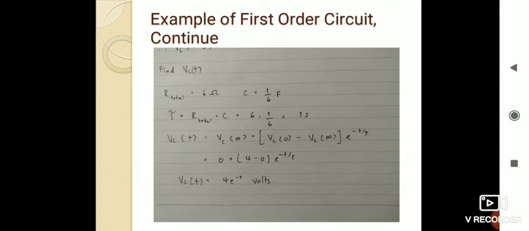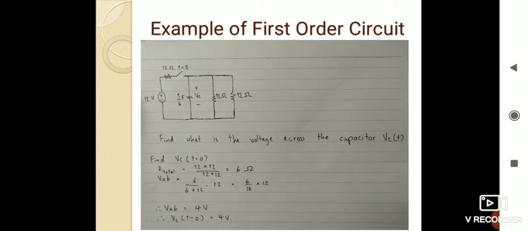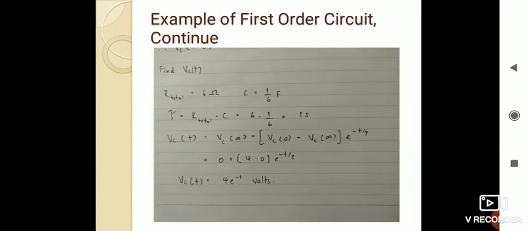So we get 0 plus 4 minus 0. In this case, 4 is VC(0) that we got just now, 4 volts. So it's 4 minus 0 times e to the power of minus t over tau, and tau is 1 that we got just now. After summing up and multiplying everything, we will get VC(t) equals 4e to the minus t volts.